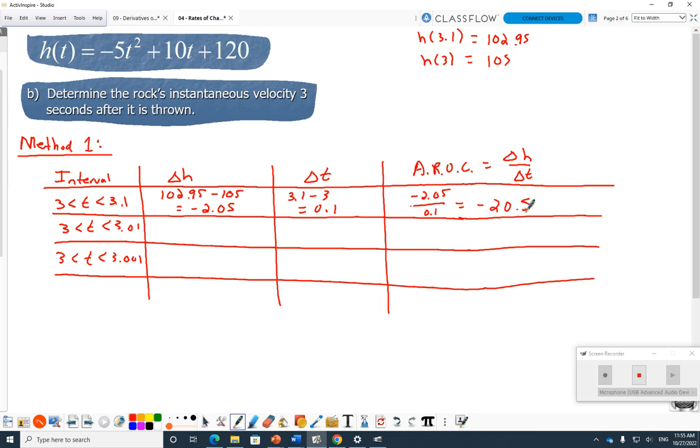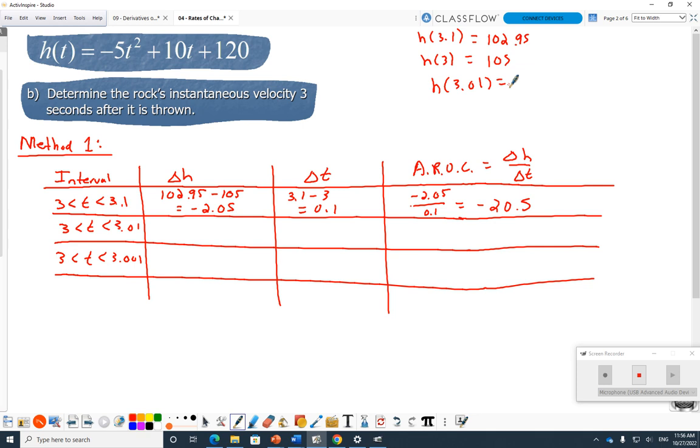But if you remember this, you're like, well, it might be close, but it might not be all that close. So we better go at least one more to find out if this is really good. And so I do the whole process again, but this time I need H at 3.01. So I go back and change all those 3s to 3.01s. You're like, oh, I already got rid of that equation, I can't go back.